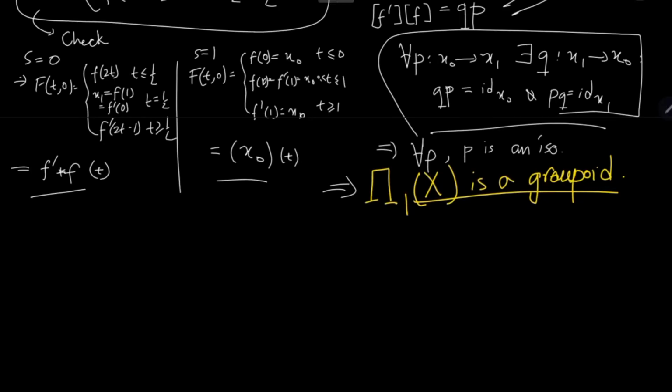But now things are simple, because since we have already defined this fundamental groupoid, we know that the automorphism group of each point, or the subcategories of size 1 of this category, are exactly groups.